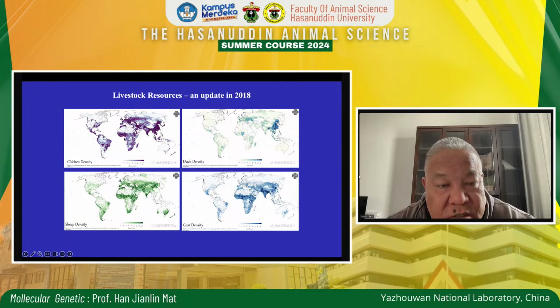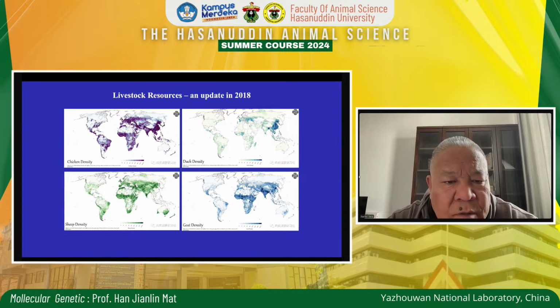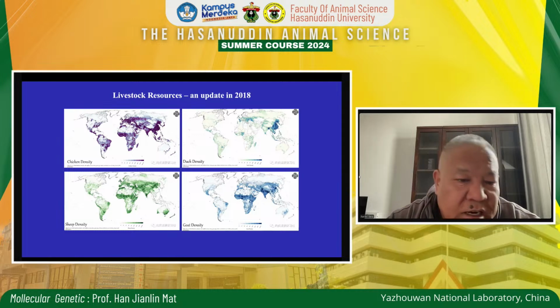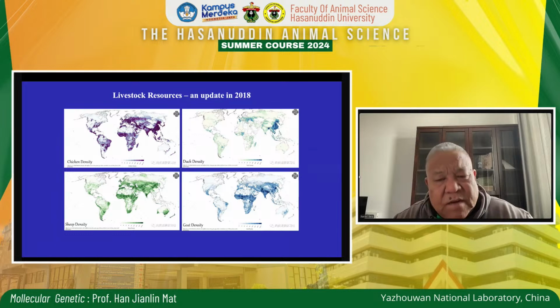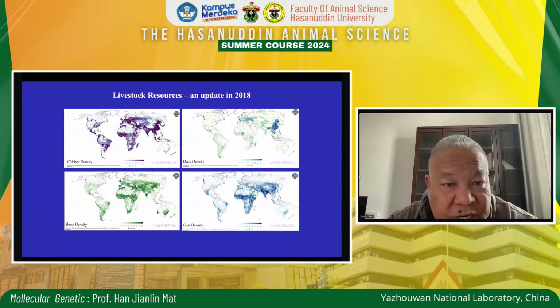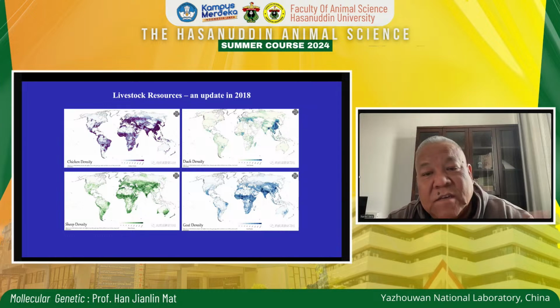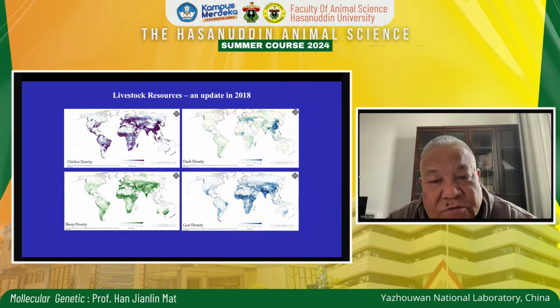We can see that the distribution of these species is more centralized in different parts of the world, not like the first map we saw for sheep and goat. Some were evenly distributed across Africa and Southeast Asia, but today we can see some corners of the world where the animal population has increased, while other areas have become what we could call a desert.